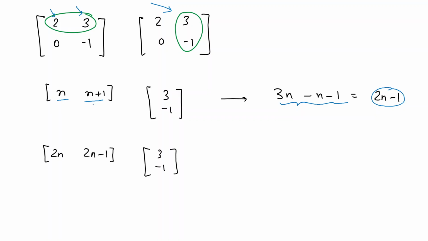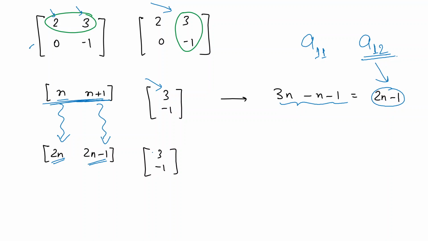Then in the next step, when you have multiplied n and n plus 1 by 3n minus 1, this happens and this is the term in the first row and second column, but the term in the first row and first column is getting doubled again and again. We have already thought about that. So the next time, this n will become 2n, and this n plus 1 will become 2n minus 1, and then you multiply 3n minus 1 and figure out the a12 element.